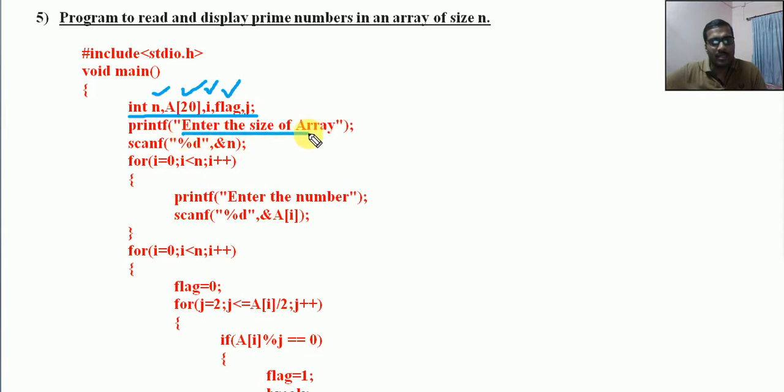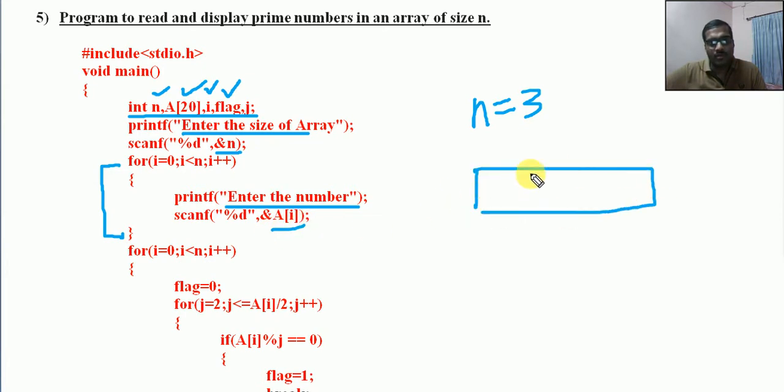Just the same code, read n. So for example, I am reading n is equal to 3. Then for i equal to 0, i less than n, enter the number and scan a of i. It will read all the values into the 3 memory locations, a of 0, a of 1 and a of 2.